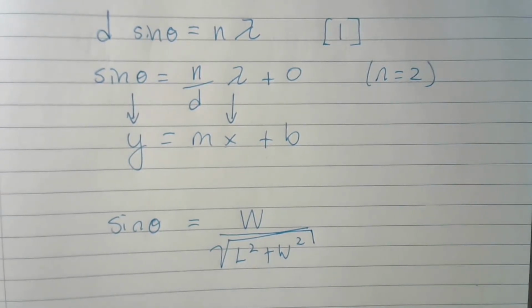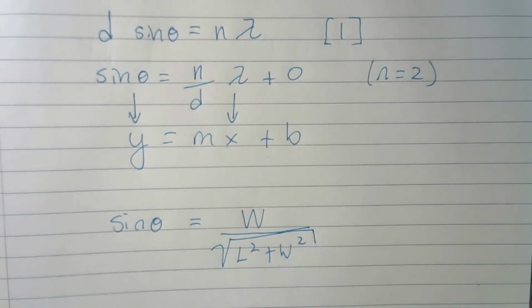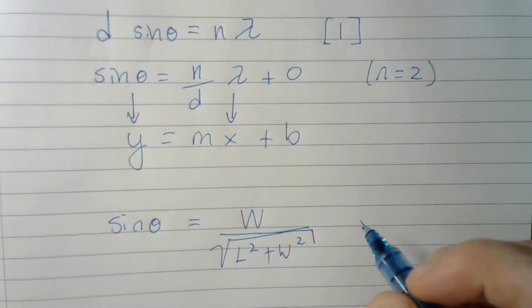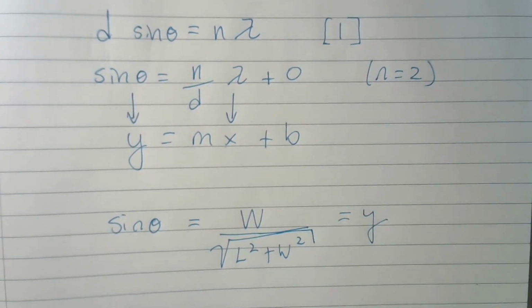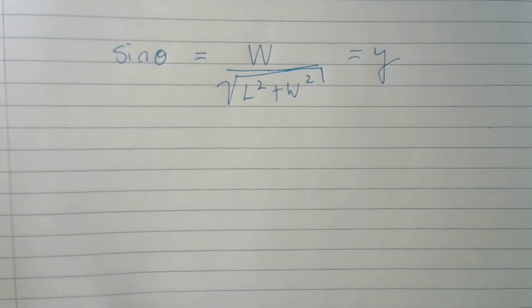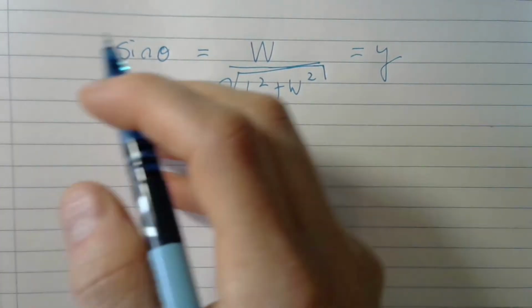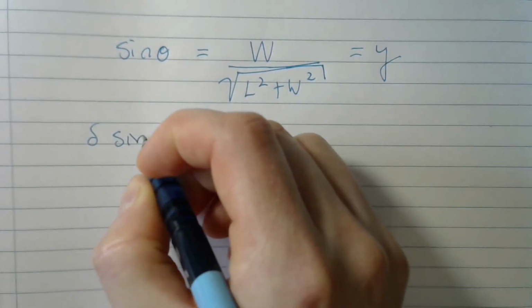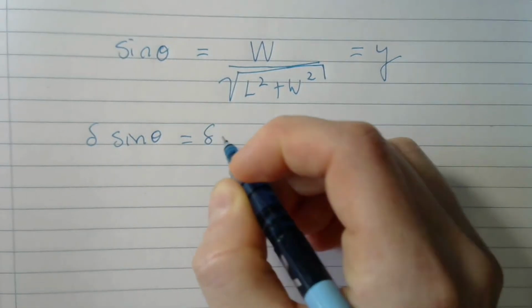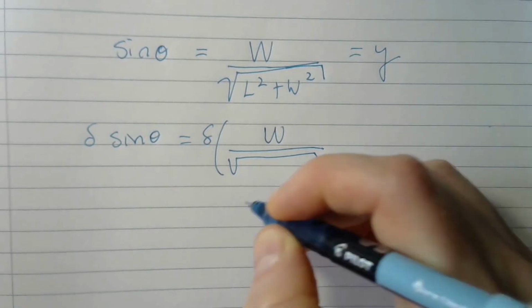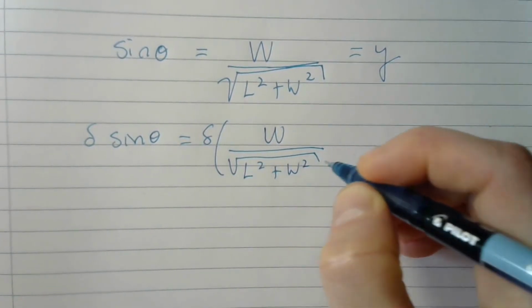So if you find it helpful, you may want to write a substitution. Since we are plotting this on the y-axis, we can just say that this is equal to y. Then when it comes time to determine the uncertainty for what you're plotting on the y-axis, if we write this substitution, the uncertainty of sine theta is going to be the same as the uncertainty of this whole thing, W divided by the square root of L squared plus W squared.